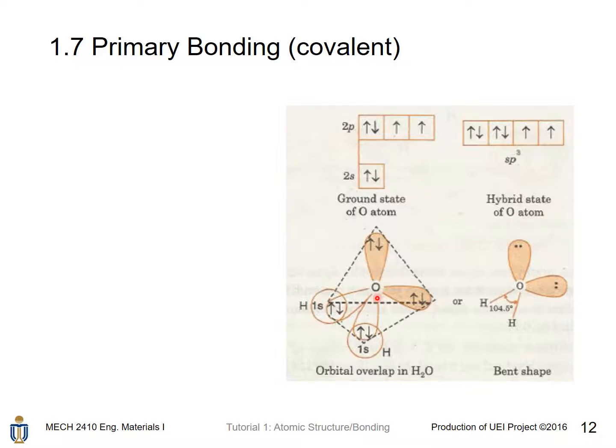Oxygen in return will also share one electron with hydrogen. Hydrogen therefore will have 2 electrons in its valence shell. And oxygen, because it is bound to 2 hydrogen atoms in this way, will have in total 8 valence shell electrons, which is fully filled for oxygen.